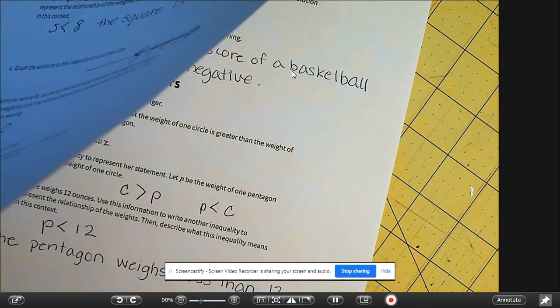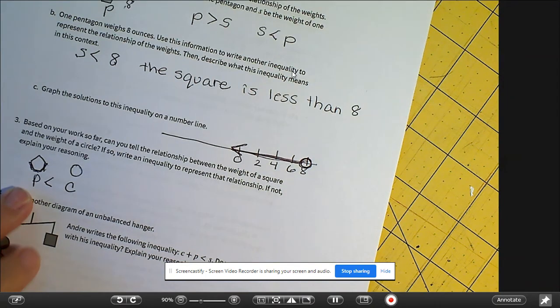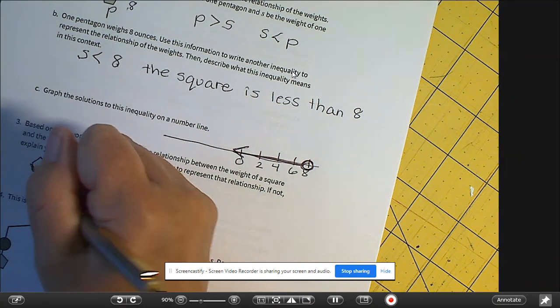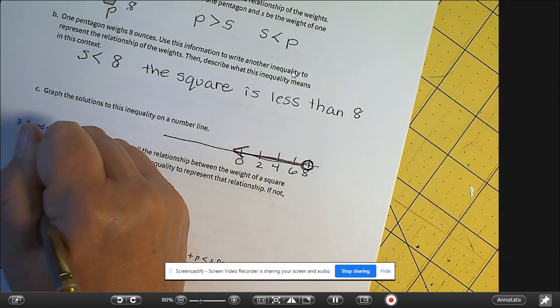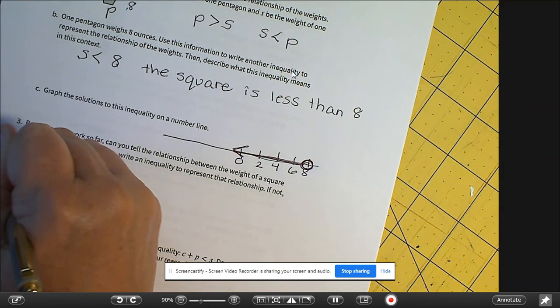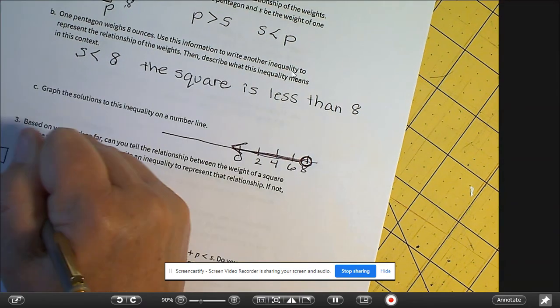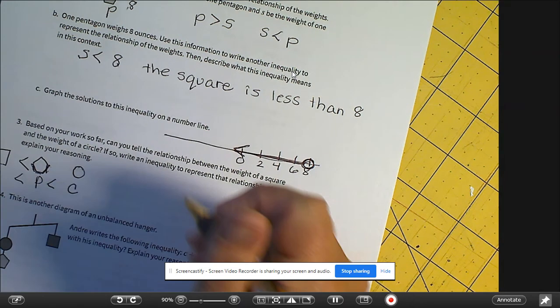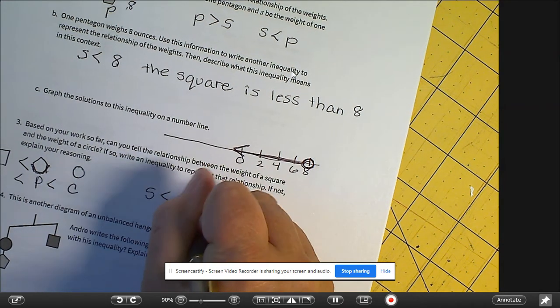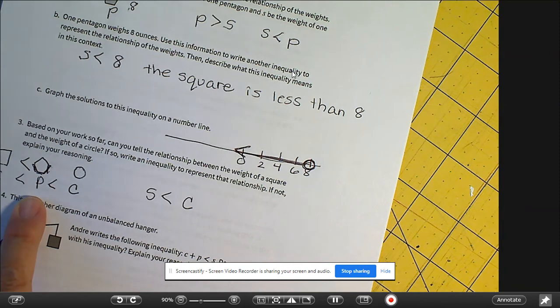And in this case, the pentagon is bigger than the square. So we can say S is less than C because the pentagon is less than C and the square is less than the pentagon.